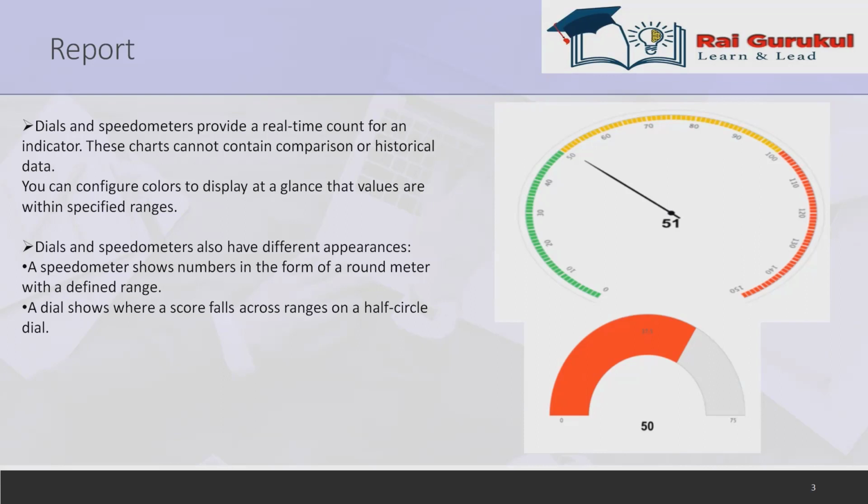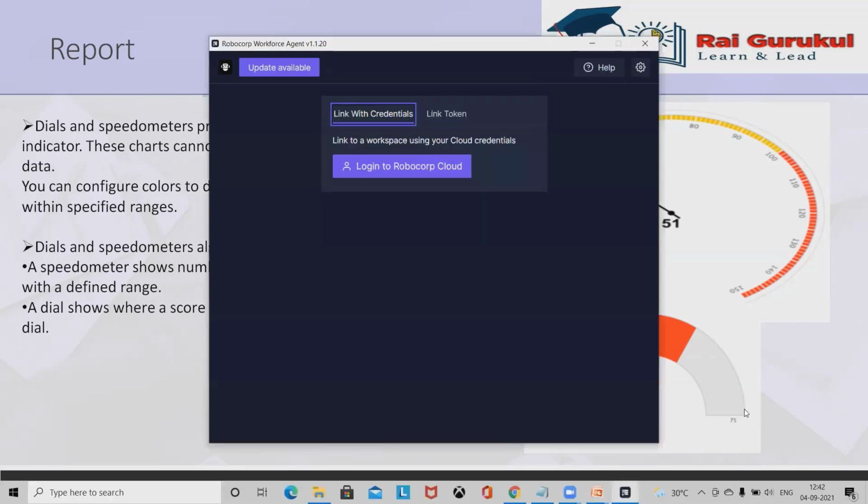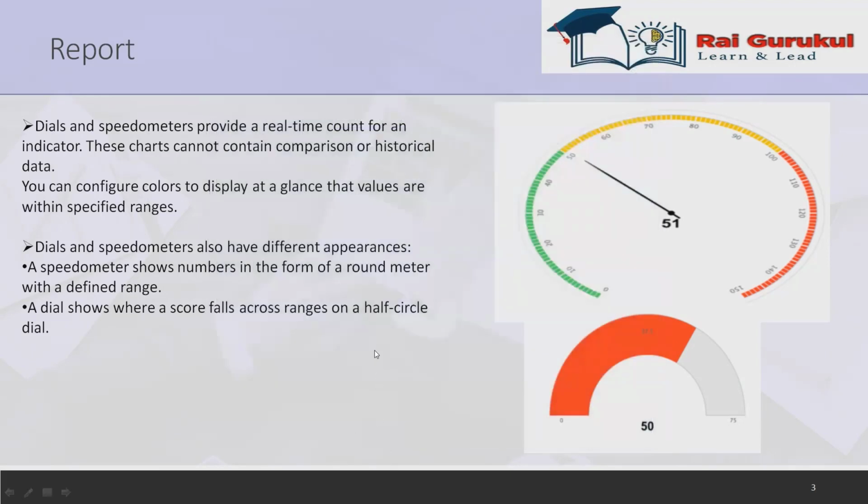A low value for monthly sales is worse than a high value, but a low value for incident resolution time is better than a high value. So you would configure red for low values in the report for monthly sales, and red for high values in the report for incident resolution time.